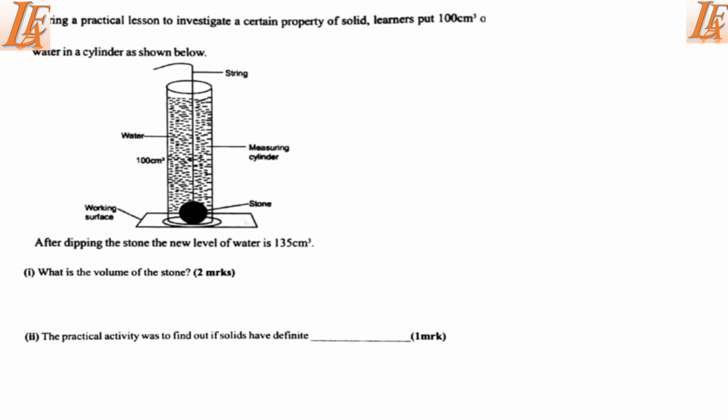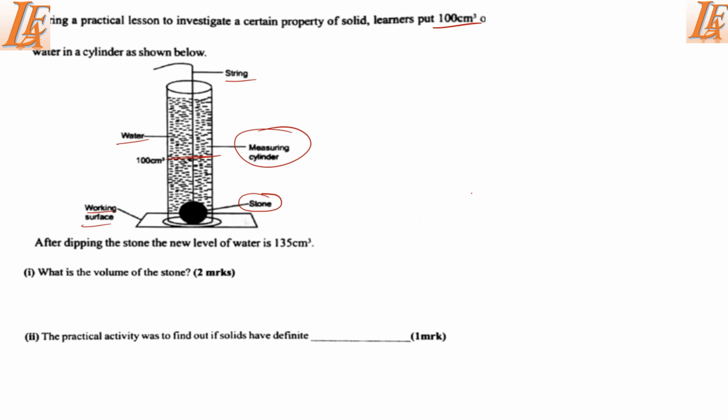During a practical lesson to investigate a certain property of solids, learners put 100 cubic centimeter of water in a cylinder as shown below. You can see we have a measuring cylinder, and a string tied to a stone. Then we have a working surface. We have water, and its original volume is 100.